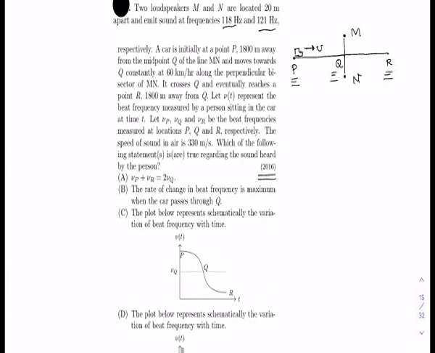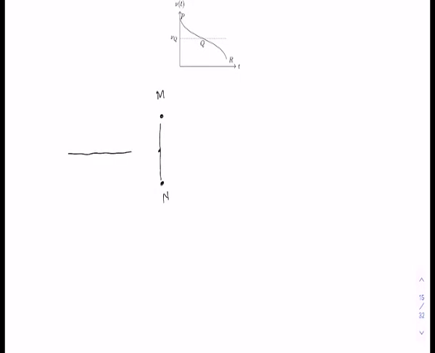So let us do it a little bit more clearly. Let me draw the diagram clearly here. These loudspeakers are situated at M and N, and the midpoint is Q here.